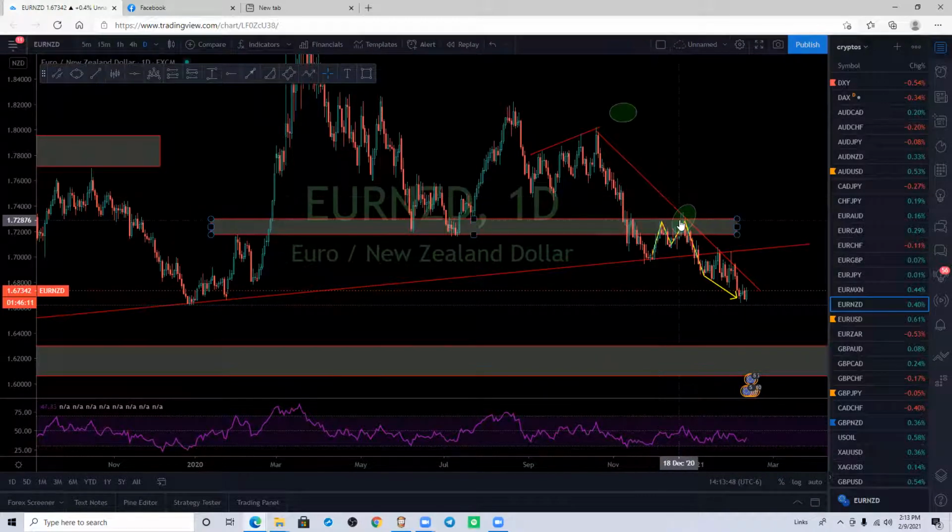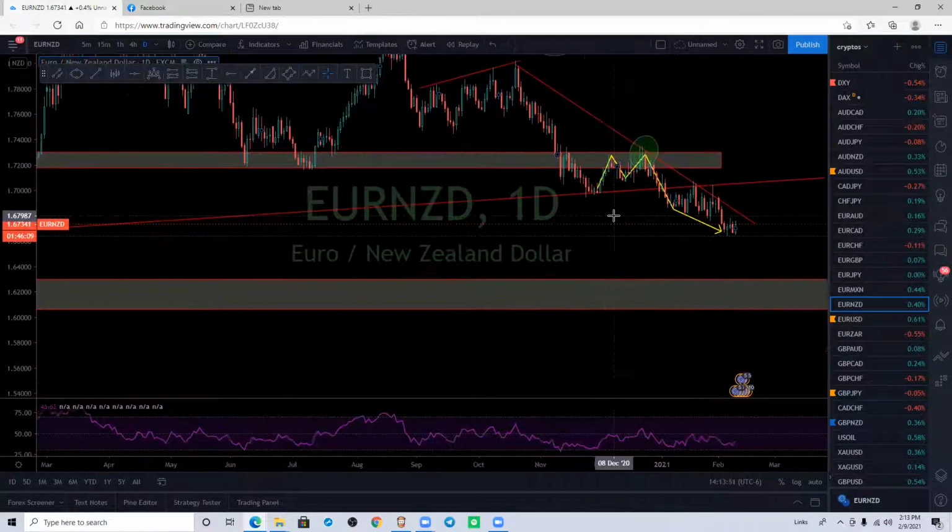Price went down below where the zone served as support. We got our one rejection, two rejections, the wicks, the engulfing candles that finally sent the price down below the trend to where it is now.